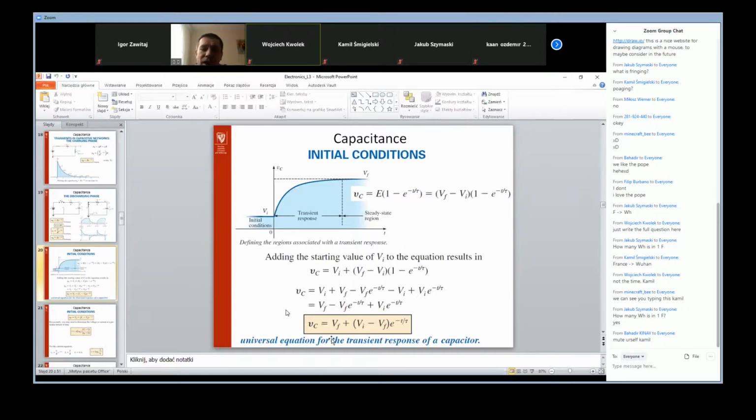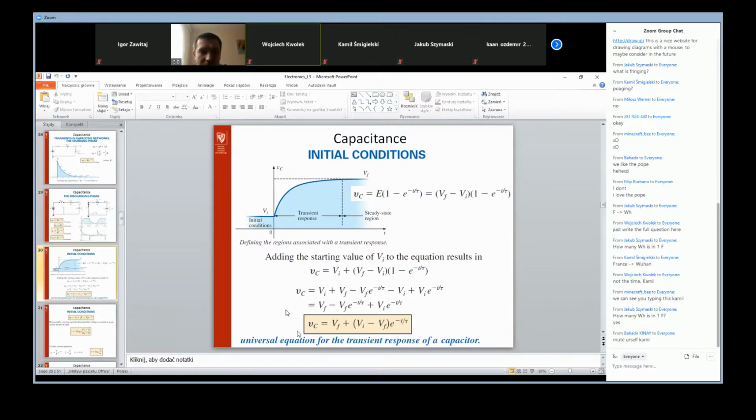You just have to remember the universal equation for the transient response of the capacitor. It looks like that. Vf is the final value, Vi is the initial, and that's all. So please just remember this equation. This is for the charging phase.